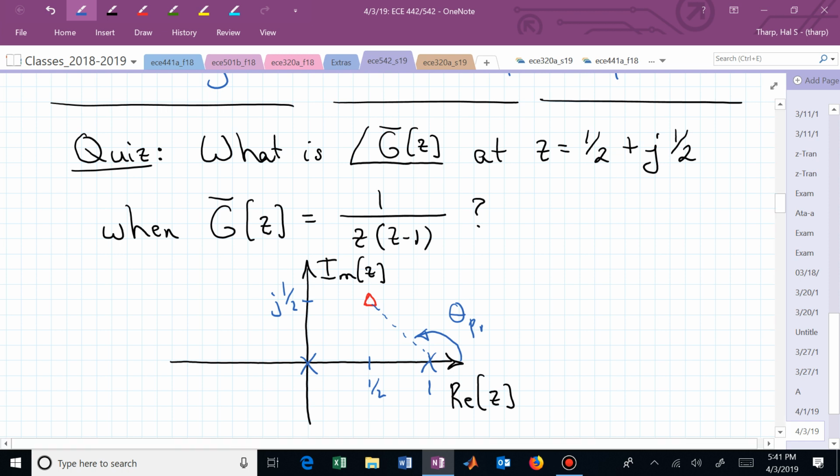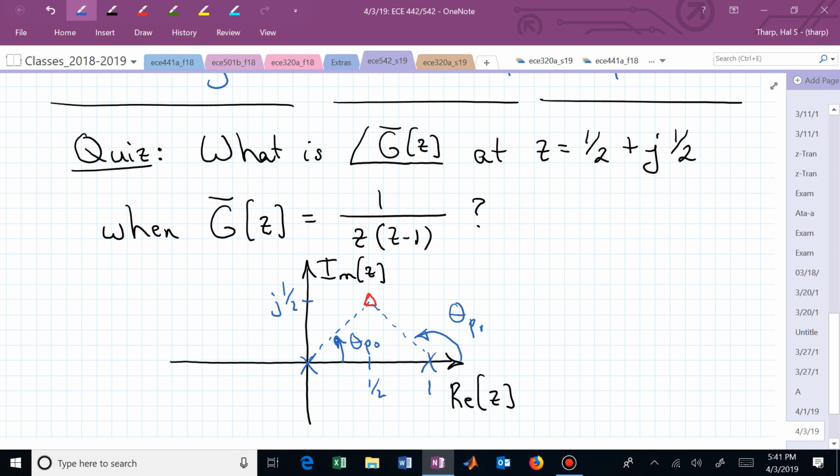The angle associated with the pole at the origin is that angle. I can walk back to the origin, turn and look up to that triangle and find that angle, which is 45 degrees as well.